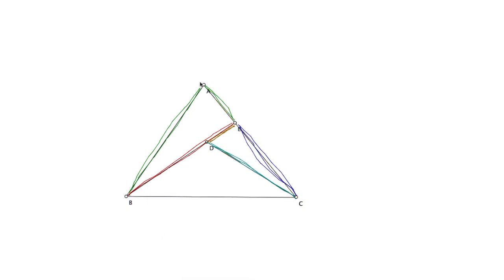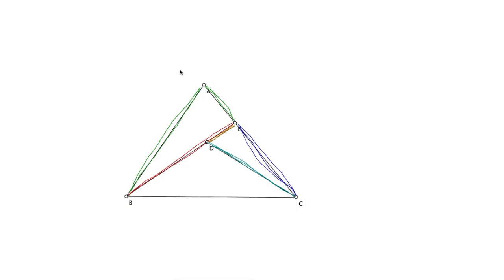So we keep proving that each piece of the original triangle is larger than the sides that make up the smaller triangle, right? This bit's larger than this bit, which is larger than this bit, and therefore BD and DC are going to be smaller than BA and AC. So that's the first part of the proposition.